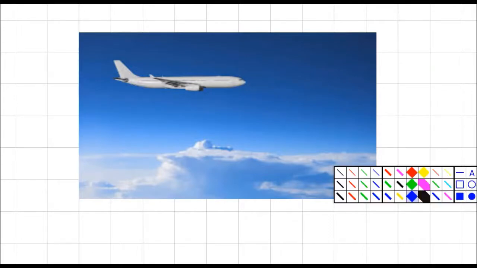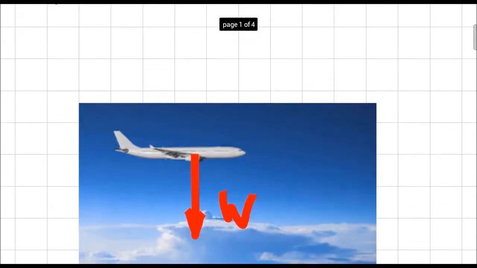We have the aircraft here, and this aircraft has a weight. We symbolize this weight, which is a force, with an arrow pointing downwards. We call this the weight. In order to lift up this weight, or to make it fly, we need a lift.